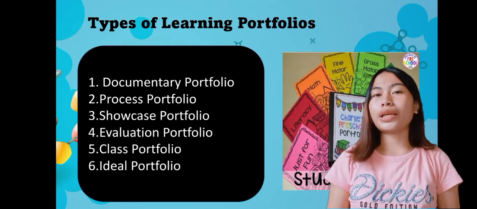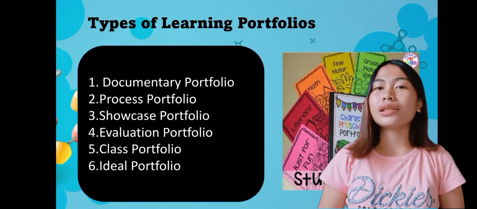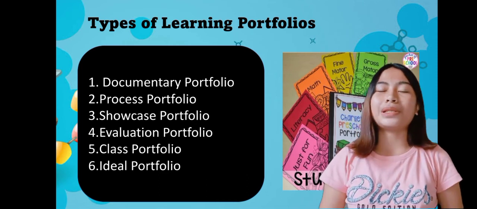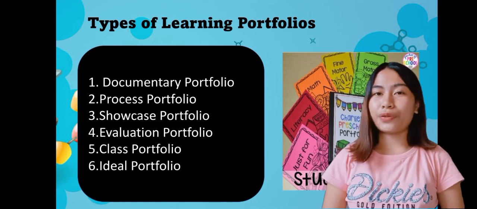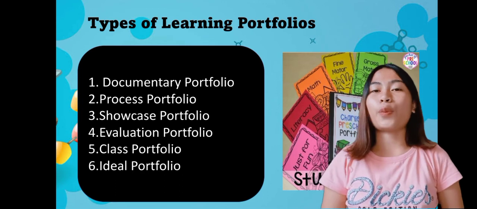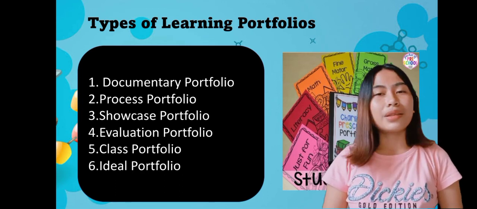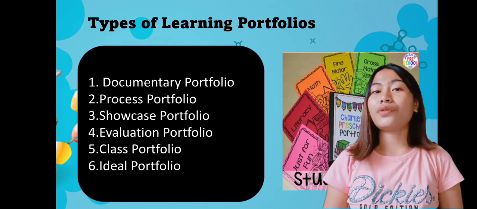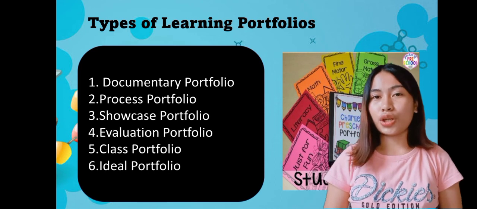Third one, showcase portfolio. This portfolio contains reflective journals, think logs, and other related pieces of evidence. Fourth, evaluation portfolio. This includes some work that was previously submitted. The fifth, class portfolio. This contains a student's grade and evaluative assessment of the student by the teacher.